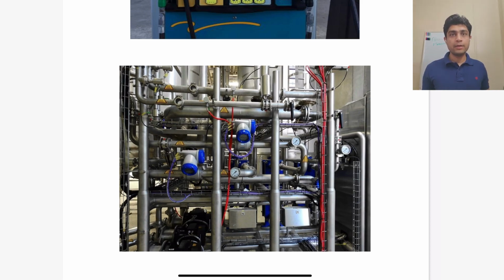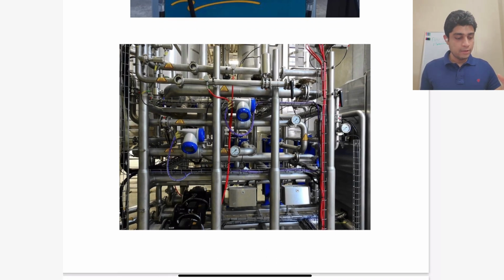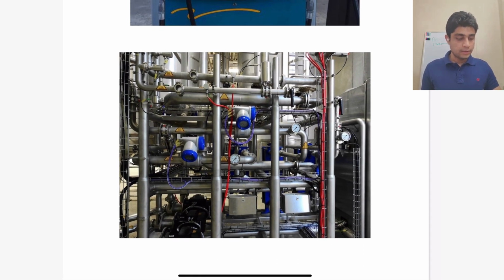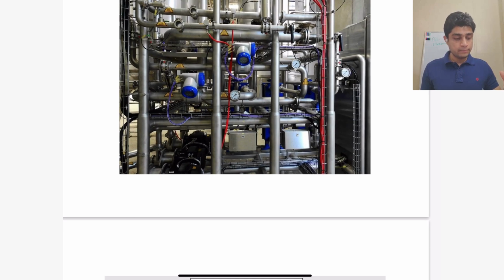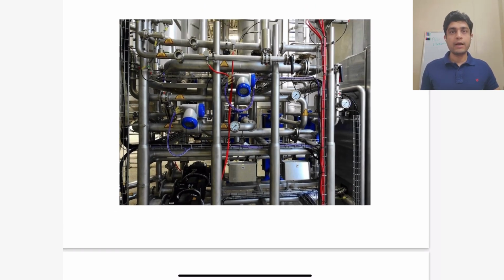And to do that, we must first be able to measure the flow rate. So this is where various flow measurement principles are useful to measure and calculate the flow rate accurately.